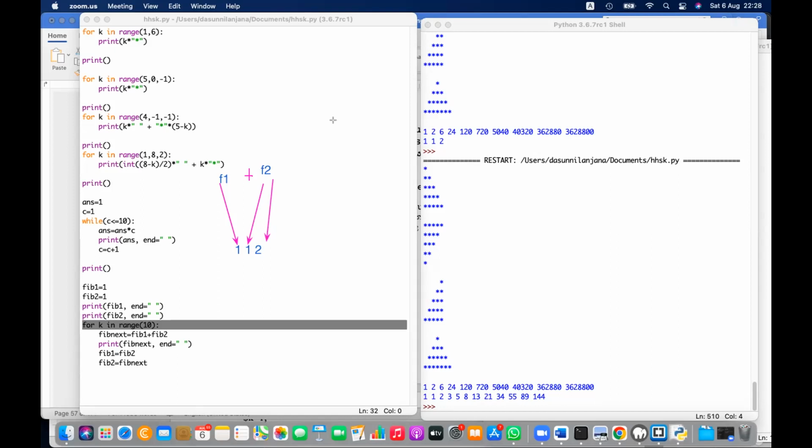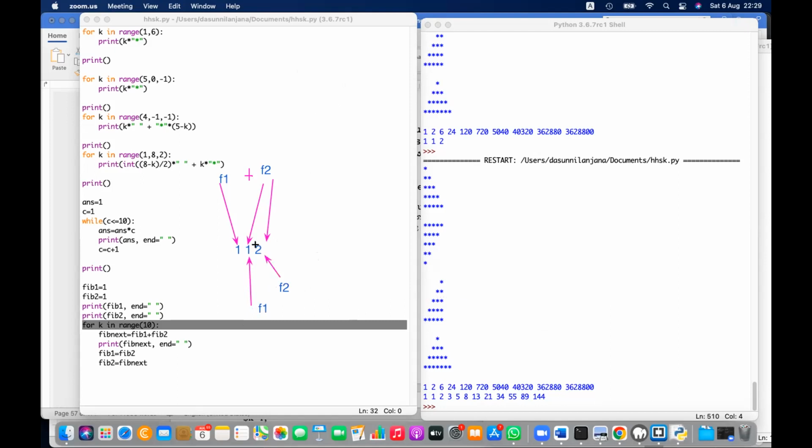In the next level, you have to add 1 and 2, then generate the next. To do that, I made a sudden change after printing: the new F1 is this and the new F2 is this.